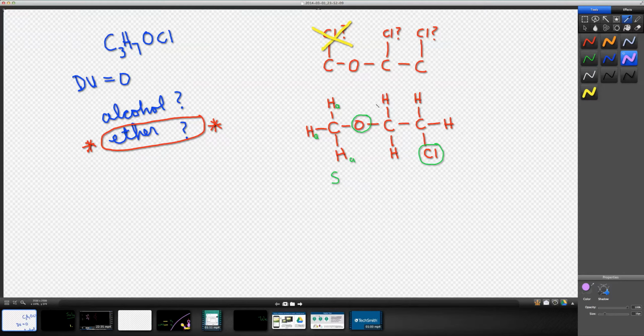We will call these 2 methylenes B, and this should actually be a triplet. Finally, HC, they should also be a triplet. So in terms of signals, triplet, triplet, and singlet.